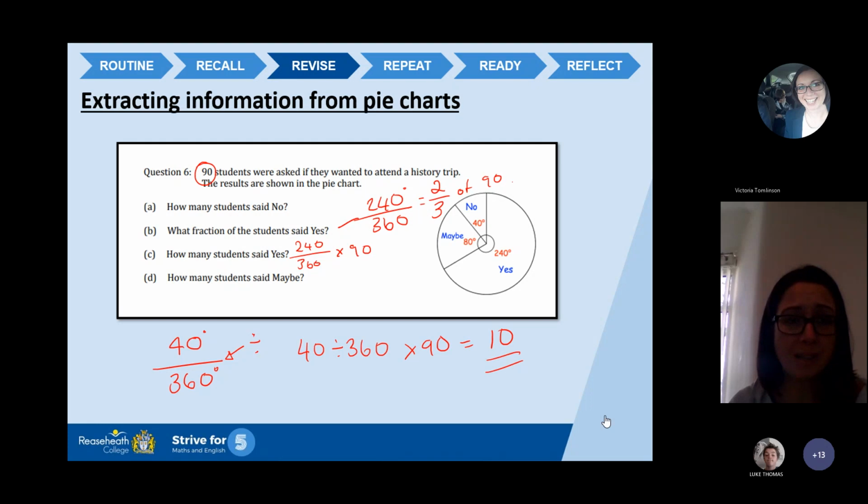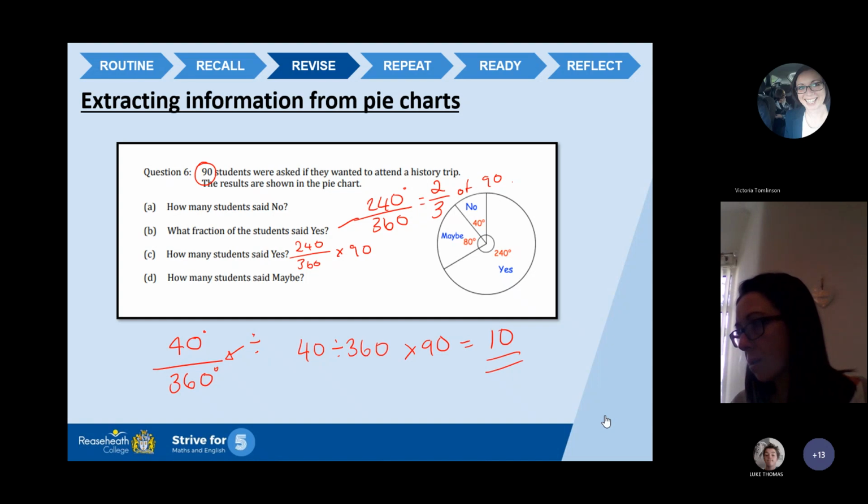Well, no, the exam is on Tuesday, isn't it? So it might be worth YouTube or Googling how to actually draw a pie chart, because that's something we can't really do online. But we don't know how the question will come up, and it might be an extract information question or a question just like this. Hopefully this will get you some marks and familiarise you a little bit with pie charts.